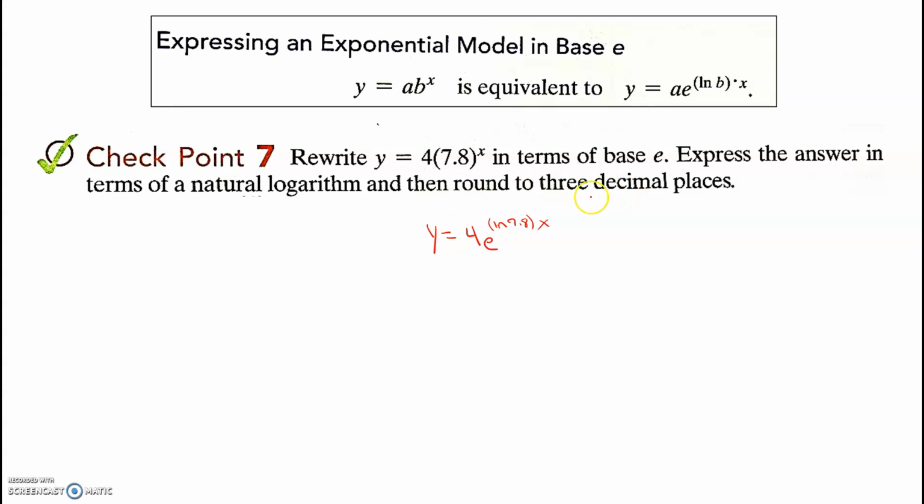Now it does say round to 3 decimal places. That means natural log of 7.8. You can actually type that in a calculator. So we're going to have y equals 4e, and then natural log of 7.8. You get 2.054. So that's 3 decimal places, x. All right, and we put it in base e. So we took something that was not in base e and we put it in base e form.